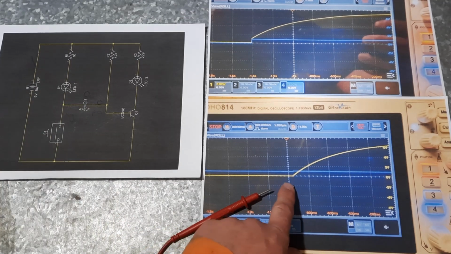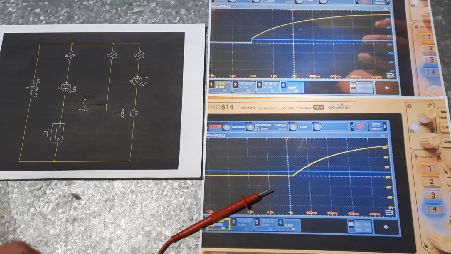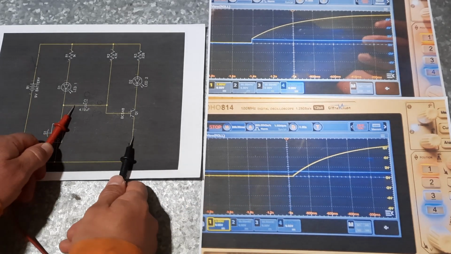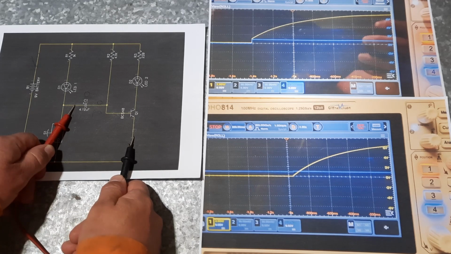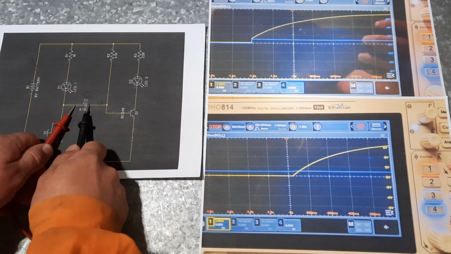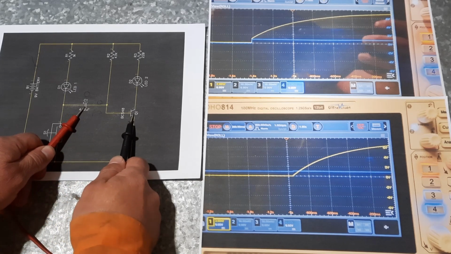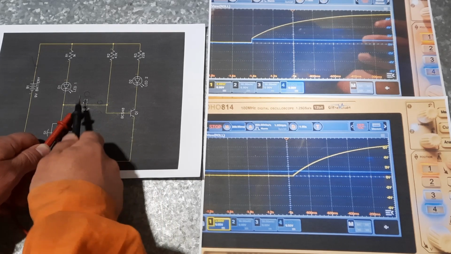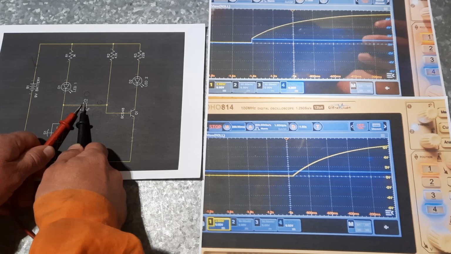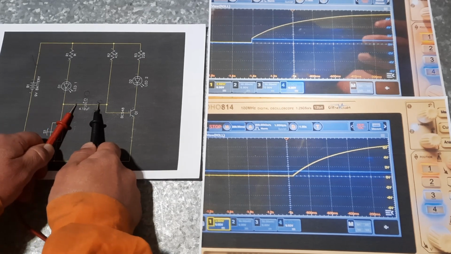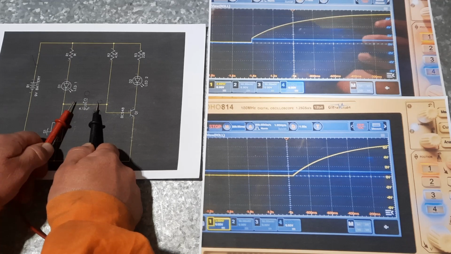But this is actually accurate, because we are measuring from here to here with our scope probes. There's a negative charge here of 0.7, the exact same in the opposite direction of this, because this is what has charged this. So if we measure from here to here, we get negative 0.7 or 0.8.